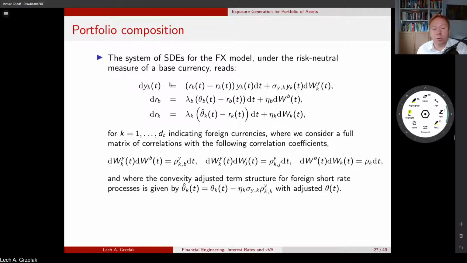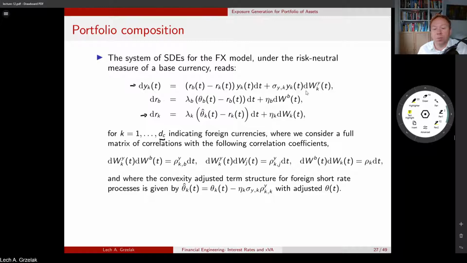So for example, here, if we have a scenario where we have two currencies, so we have a base currency, which could be, for example, euro or dollar, and we have a DC number of other currencies. Of course, this means that we need to have also a number of DCs, a number of interest rates in foreign markets, but also we need to have the same number of exchange rates from those different markets into our base market.